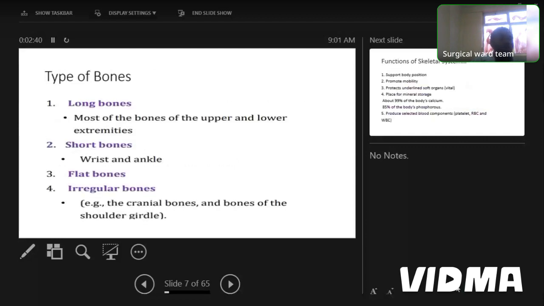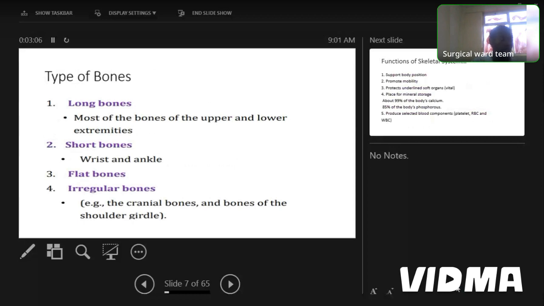When we see the types of bone, we may classify bone into four categories. The first one is long bone, the second is short bone, the third is flat bone, and the fourth is irregular bone. Long bone is most of the time found in our lower and upper extremities. Short bone is the bone of our wrist and ankles.